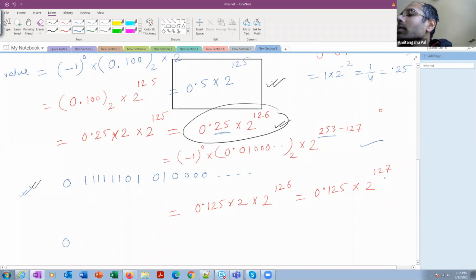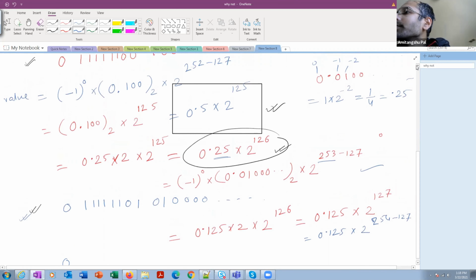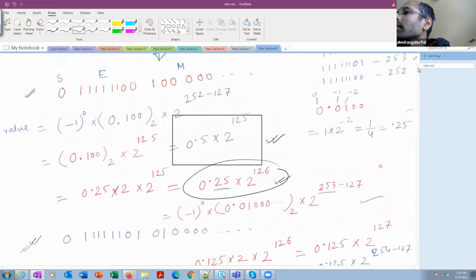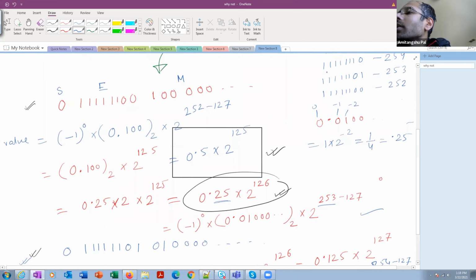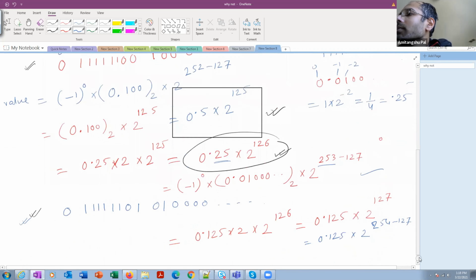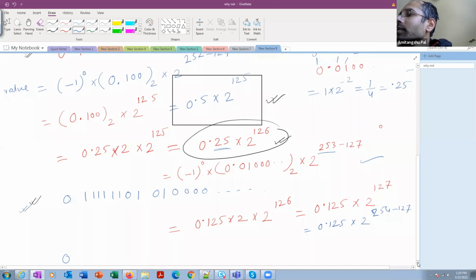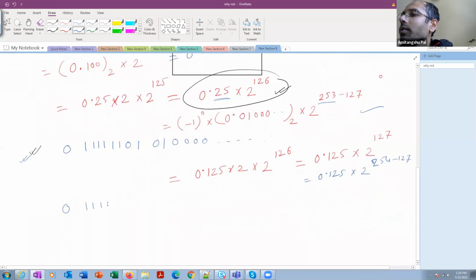The exponent is going to be, so this is 0.125 into 2 to the power 254 minus 127. So 254 is all ones followed by 0. That means the exponent part is going to be 1, 2, 3, 4, 5, 6, 7 ones followed by 0. The mantissa part is going to be 0, 0, 1, all zeros.